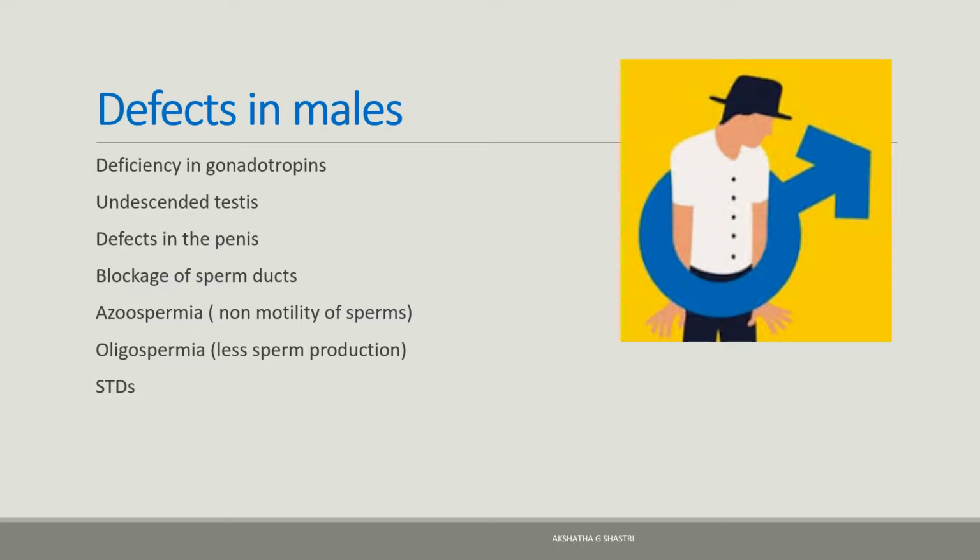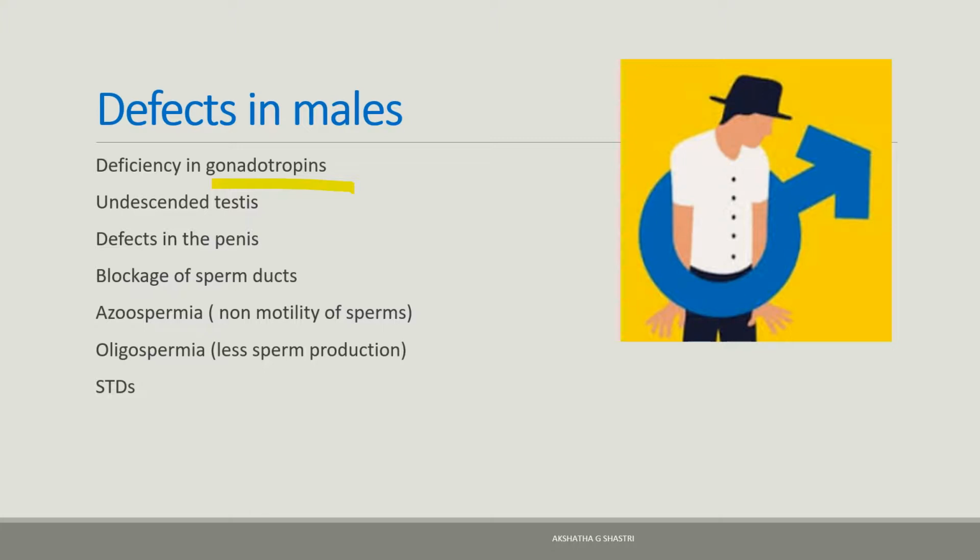The first one is FSH, which stimulates gamete production, whereas the second one is LH, the luteinizing hormone, which helps in the production of hormone by the gonads. So if there is a deficiency in gonadotrophin, first the gamete production will be affected, and second the hormone production will be affected.